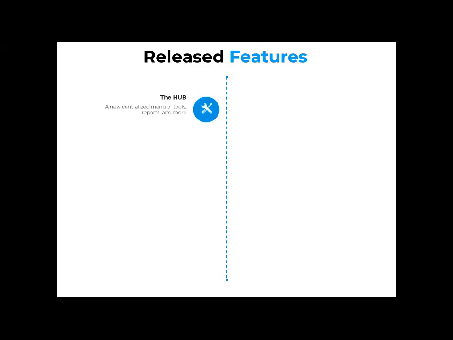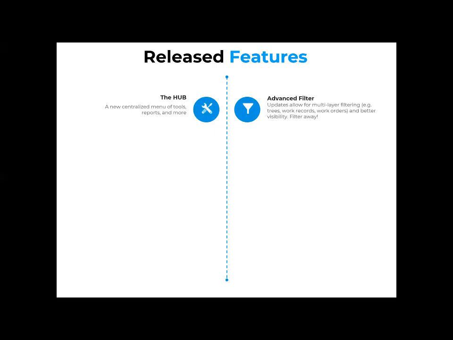So the biggest thing we did was we rolled out what we call the Hub, which is a new menu that organizes tools, reports, statistics, dashboard, administrative tools. So that's pretty exciting. We also have updates to a tool that is essential really to effective use within TreePlotter, which is our filter. So this is your search tool.